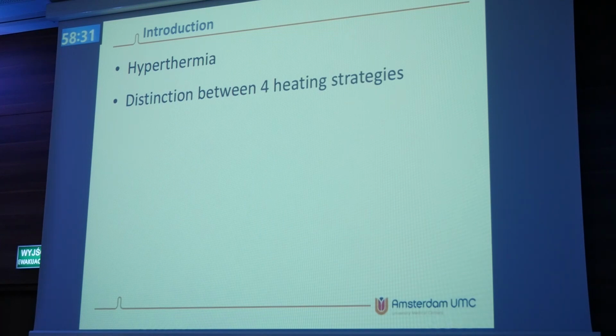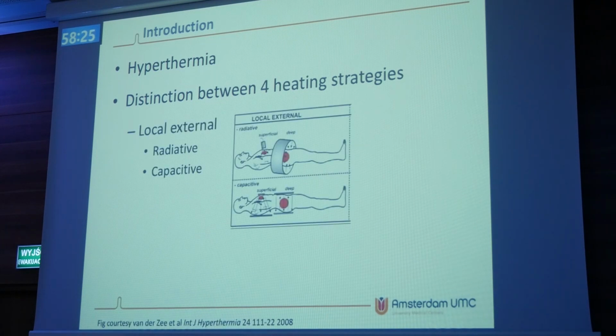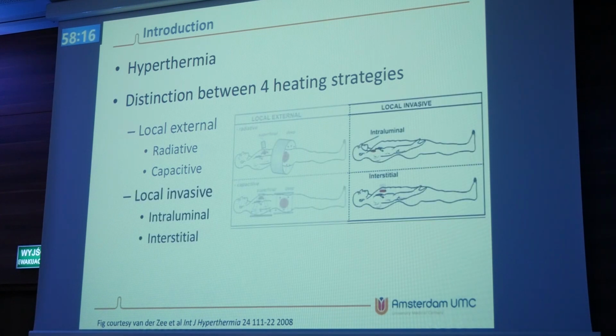So I'd like to begin by distinguishing 4 different heating strategies. First of all, the local external techniques, both radiative and capacitive heating techniques. Then the local invasive techniques, where the heat source is actually implanted into the body of the patient.